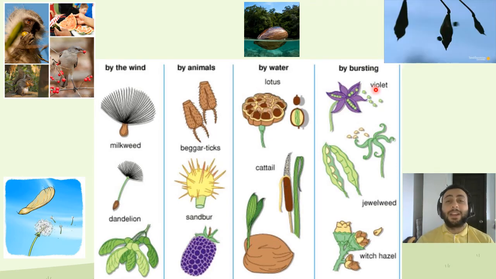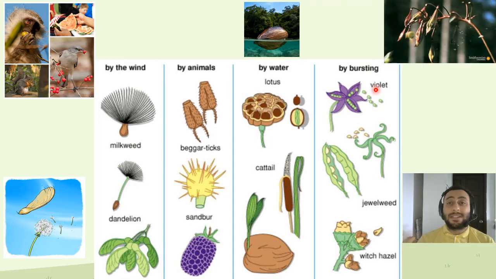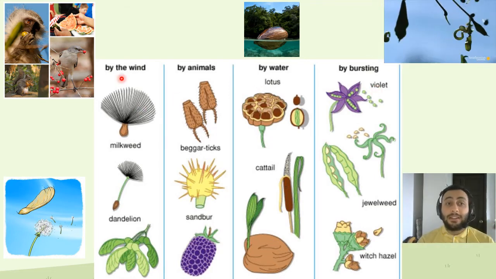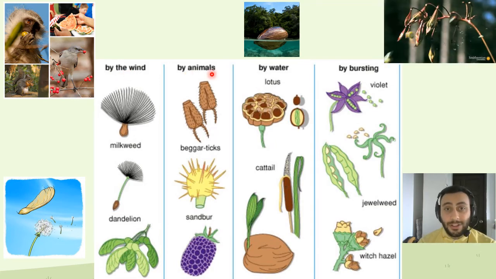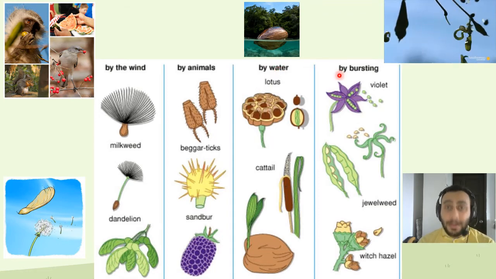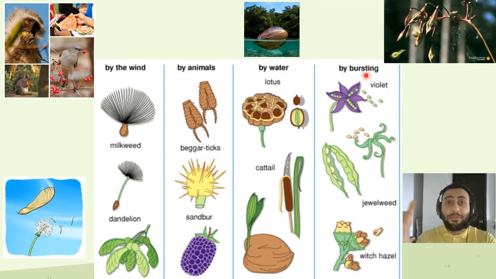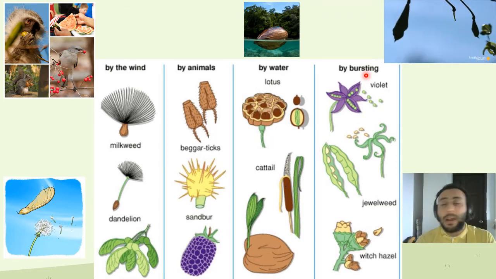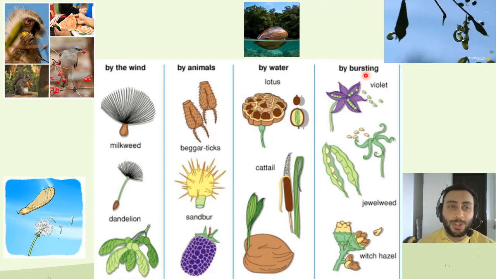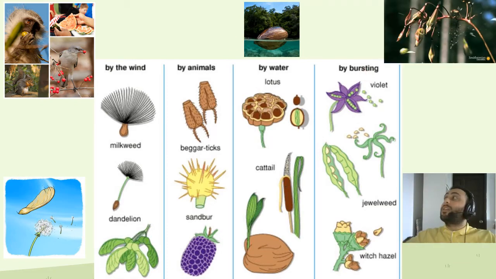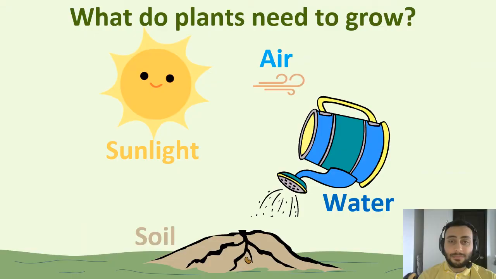So again, we can scatter seeds by planting, by the wind, by animals, by water, and by the plant themselves. The plant can do bursting, poof, or just the fruit fall down. Also works. So this is the way seeds are scattered all over the place.